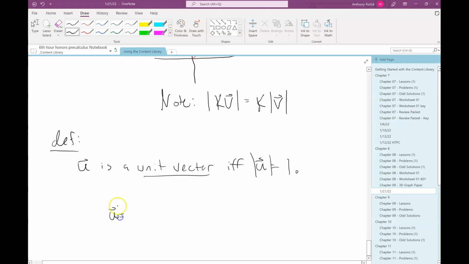Well, if you remember the unit circle, any point on the unit circle we could represent as cosine theta comma sine theta, right? Everybody agree with that? And the distance from that point back to the origin was 1, because that would be a radius of that unit circle, correct?